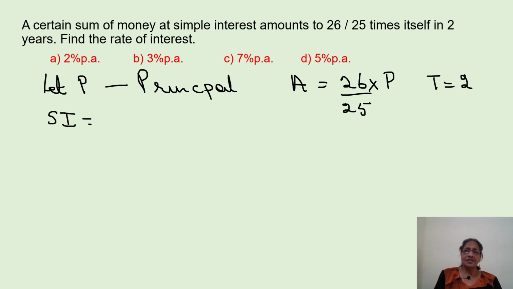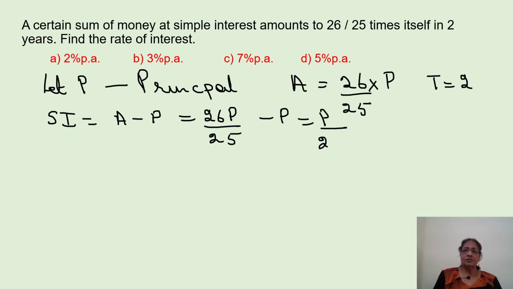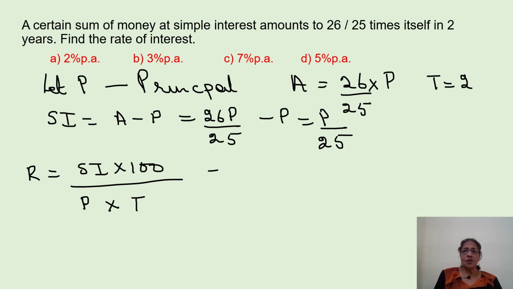So simple interest is A minus P. In other words, it's going to be 26P upon 25 minus P, which comes out to be P upon 25. Use your formula. R is SI into 100 upon P into T. So SI is P upon 25 into 100. Principal is P and number of years is 2. This goes.